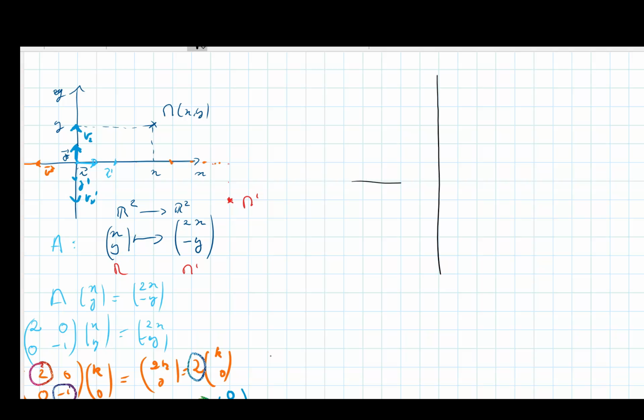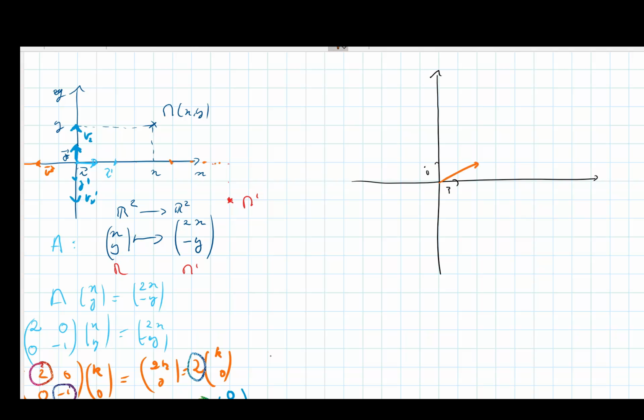What if I wanted the transformation that is going to multiply by 2 anything collinear, not to the I vector, so that's I and J, not to the I vector, but let's say what I want is this vector.